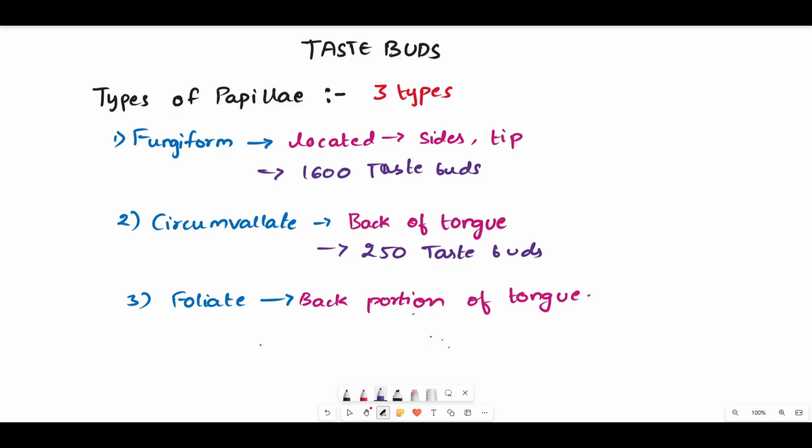The foliate papillae are present especially on each side at the back of the tongue. There are 20 foliate papillae, carrying hundreds of taste buds.